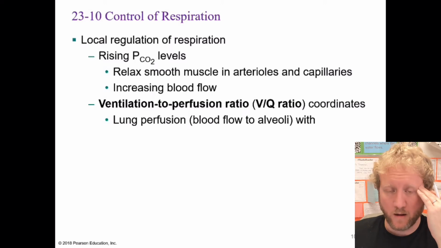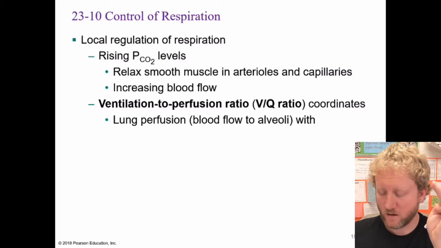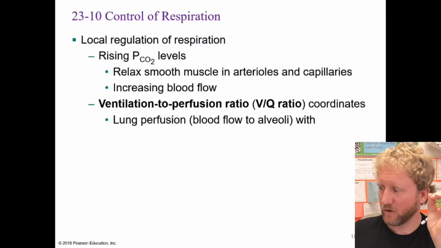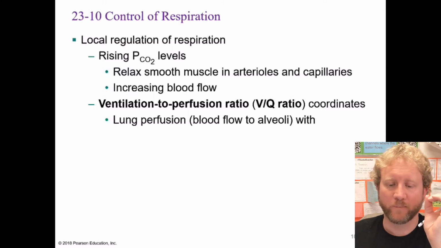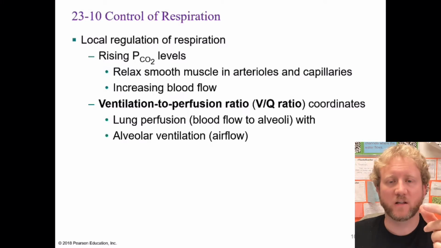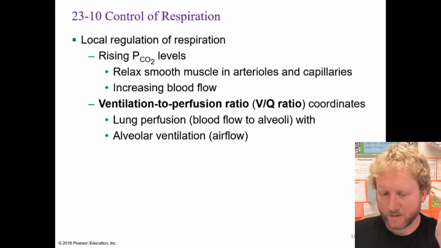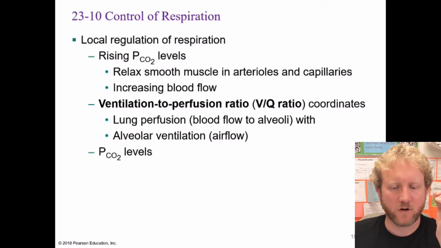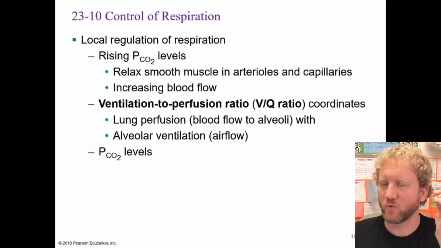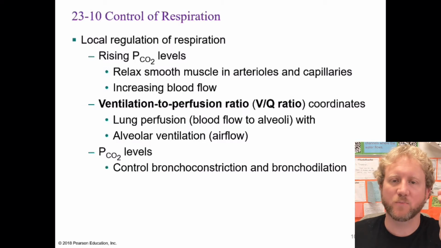And so that's going to coordinate blood flow to the alveoli with your airflow. Remember, we talked in the last video how those movements are coordinated to maximize the amount of oxygen and carbon dioxide we're exchanging. Changes in carbon dioxide levels are going to control how much bronchoconstriction or dilation is happening.